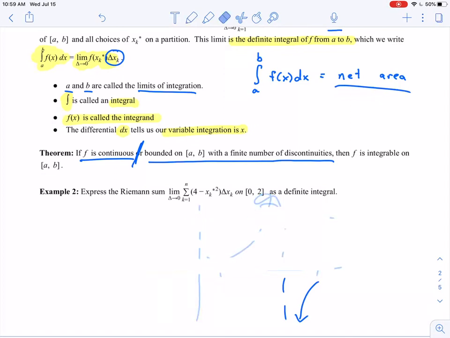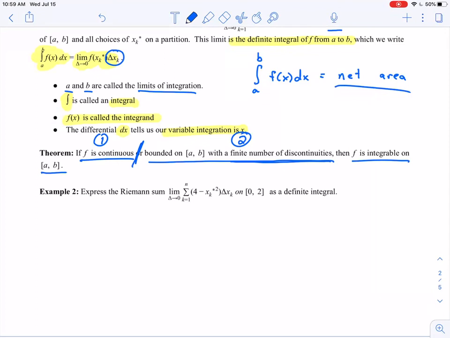So you're allowed to be discontinuous as long as you only have a finite number of discontinuities and are bounded. If one of these two cases holds, either we're continuous or we're bounded with a finite number of discontinuities, then we get to say f is integrable on a, b. So that just means the net area exists. We can calculate the net area.